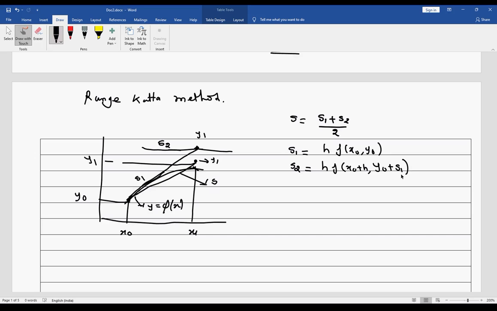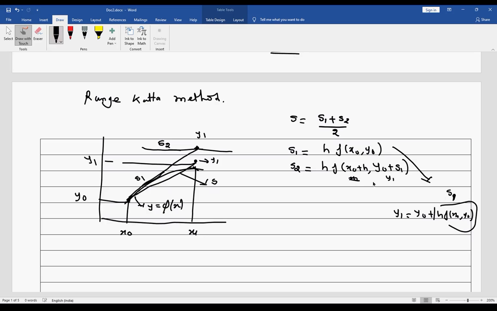Okay, so y0 plus S1 is the next value. So I could call this x1 and I could call this y1. If you remember, y1 is y0 plus h into f of x0, y0, and I could call this S1. So y0 plus S1 is y1.